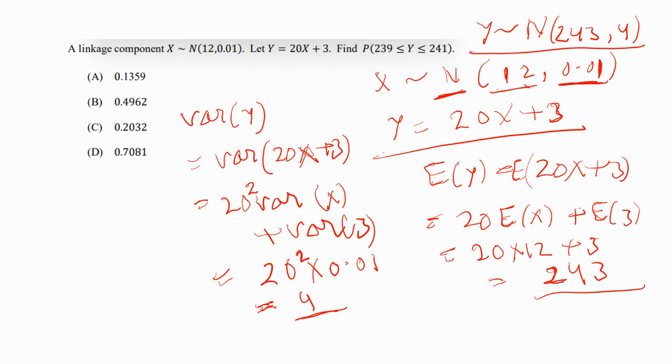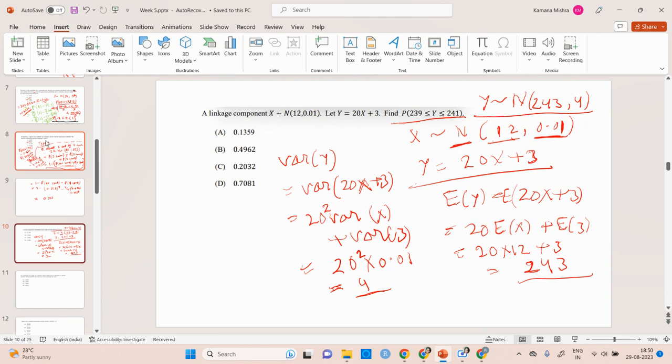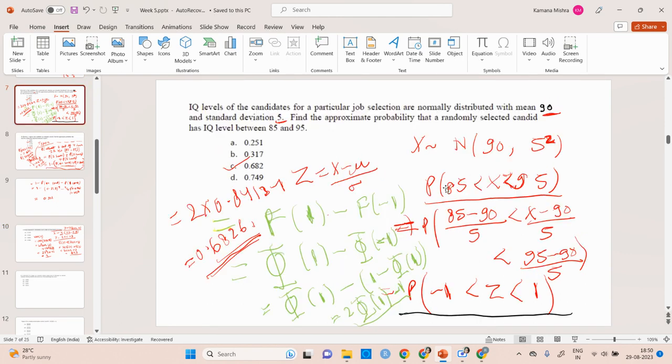Now we need to find the probability that y is between 239 and 241. This is similar to the question we have done here, the probability of 85 to 95.